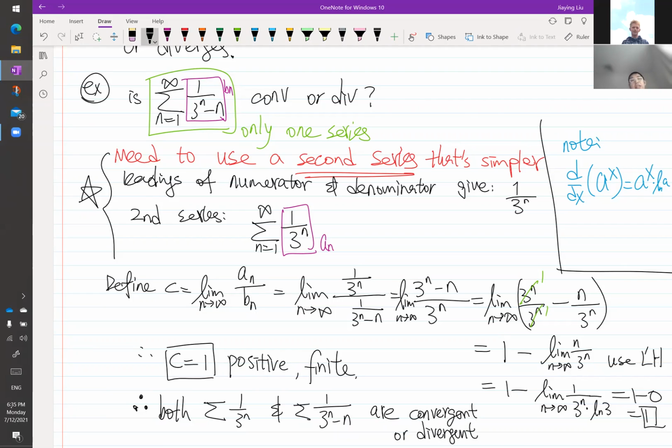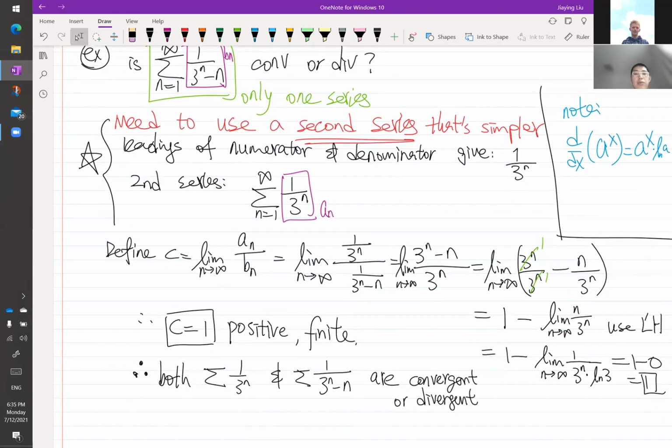The next step is to find out whether they are convergent or divergent. Well, how do we find it? This is the one I'm interested in. I want to know if this is convergent or divergent. I don't know, but now we just know that this one and the new one are both convergent or both divergent.